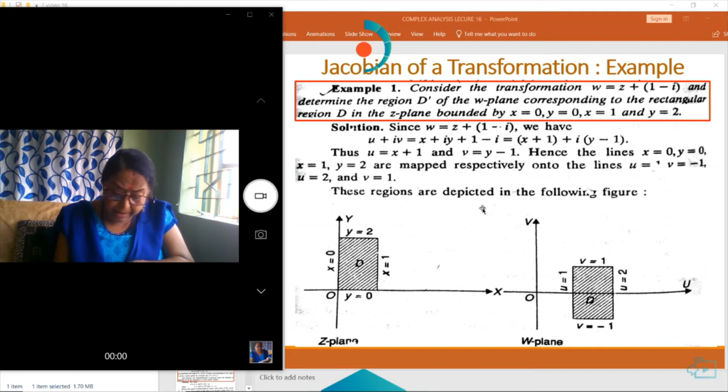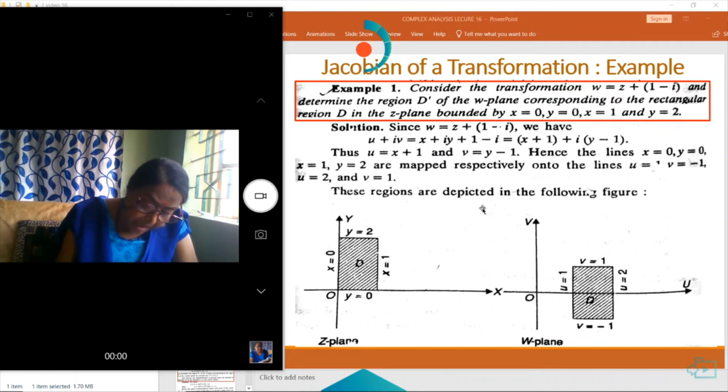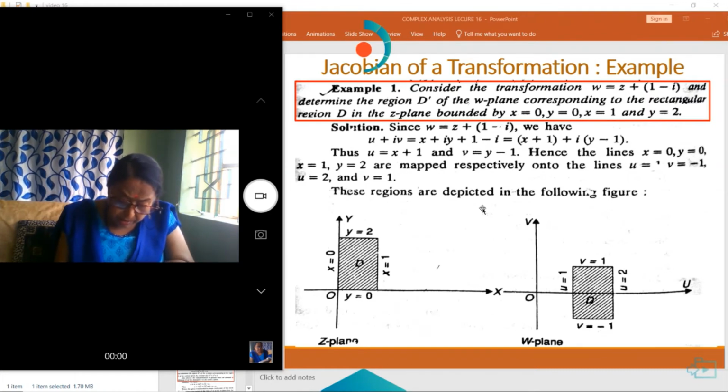And in the w plane, we are to calculate u and v. And we get u is equal to 1, v is equal to minus 1. So in this w plane, u serves as the x-axis and v serves as the y-axis.